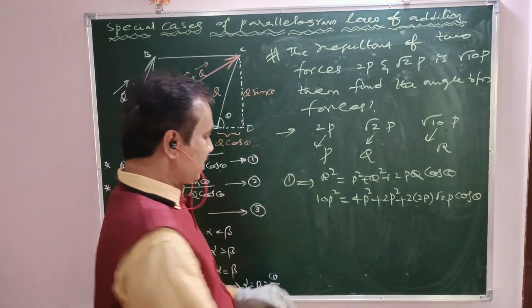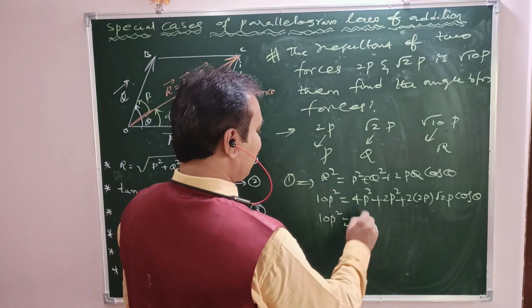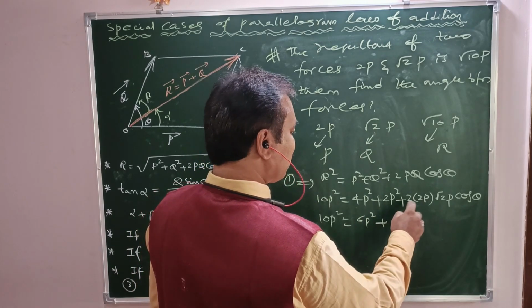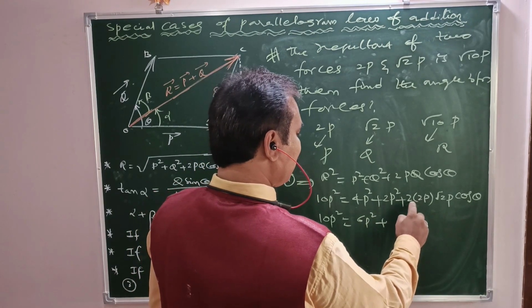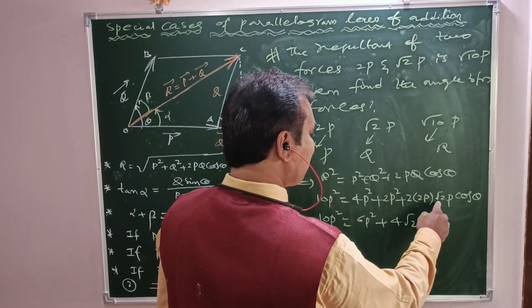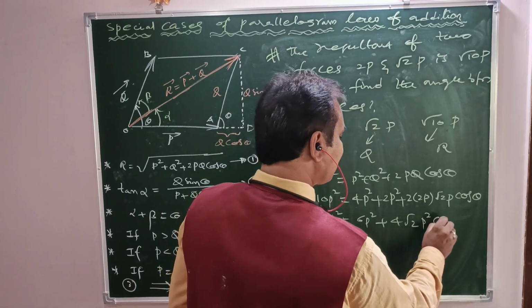Now see, 10P square equals 4P square plus 2P square, that is 6P square, plus 2 into 2 into root 2, that is 4 root 2, P square cos theta.